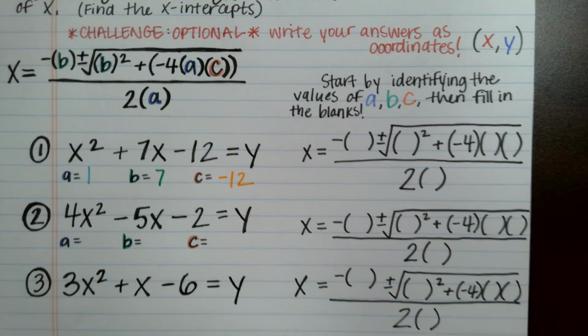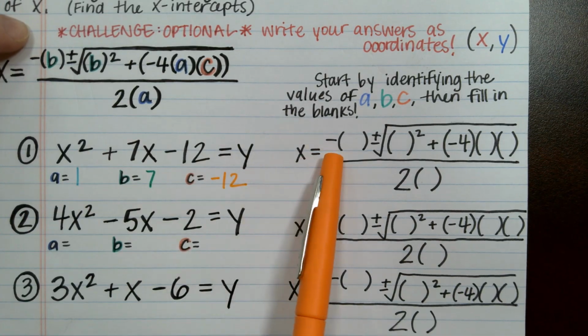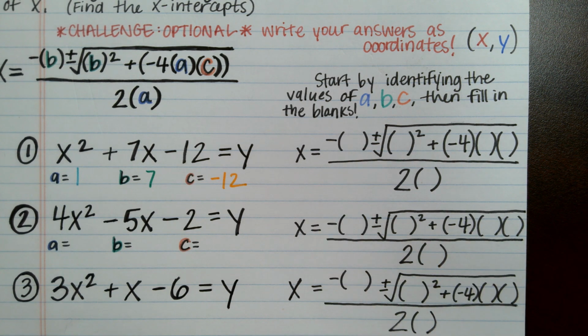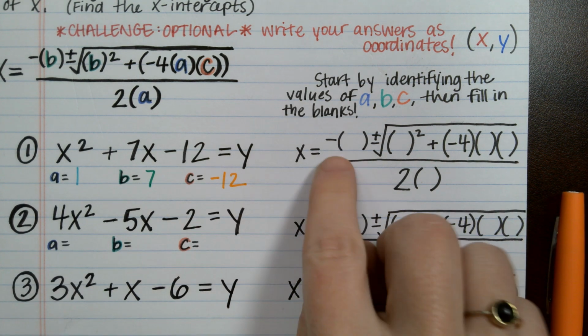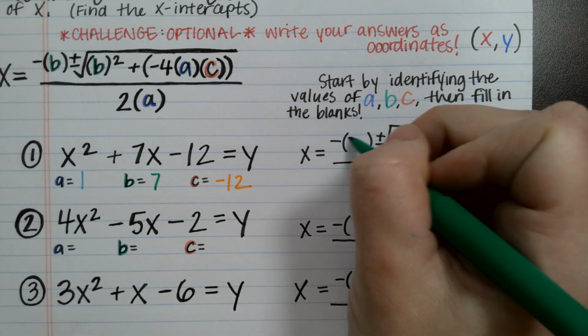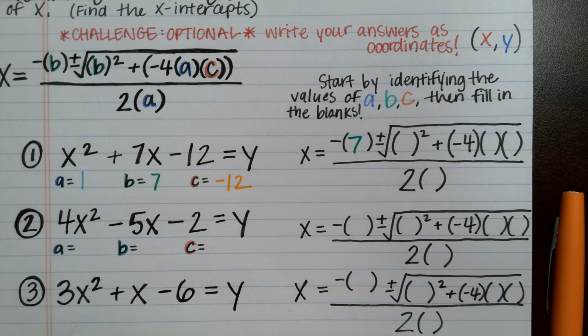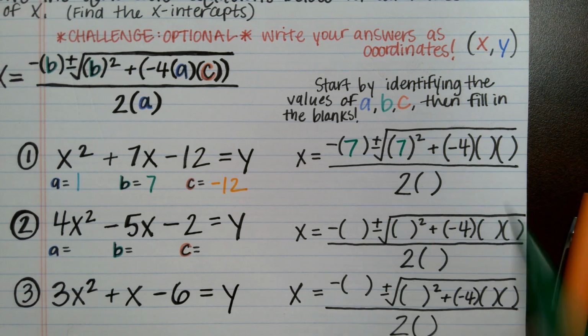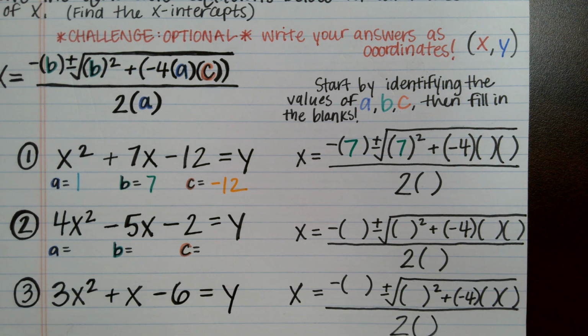Okay, so I gave you a little guide with the quadratic formula and no values put in yet. Using this key, what values are we going to be putting into the blanks here? Let's start with the first one. We've got negative what? 7. Our B is 7. Plus or minus what? 7 again. It's B squared, so B is 7 squared.